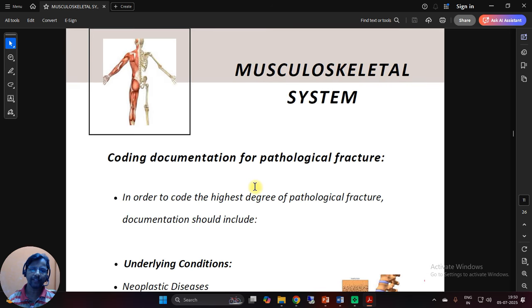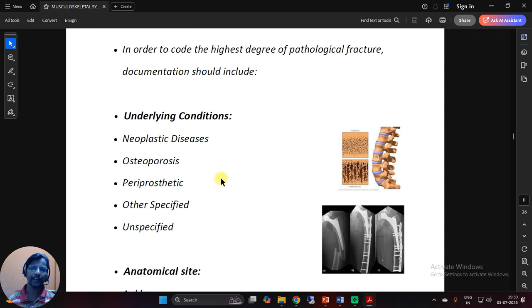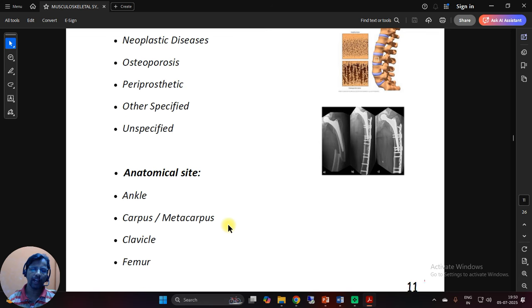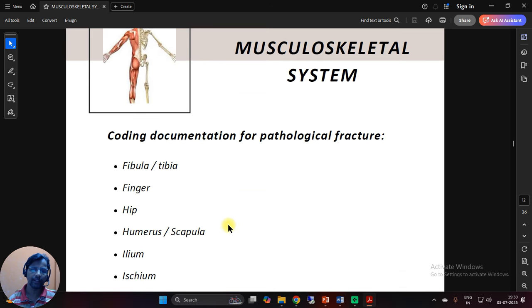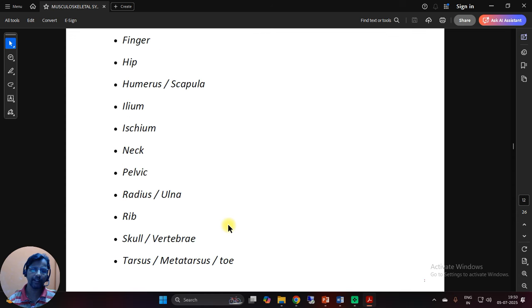Okay. Next, coding documentation for pathological fracture. What conditions do you need to check in the documentation in order to code a pathological fracture? These are the underlying conditions: neoplastic diseases like bone cancers, osteoporosis, periprosthetic fracture and unspecified. And you need to check the anatomical site, whether it is the ankle, metacarpals, clavicle, femur, fibula, tibia, finger, ilium, ischium, neck, pelvic, radius and ulna.